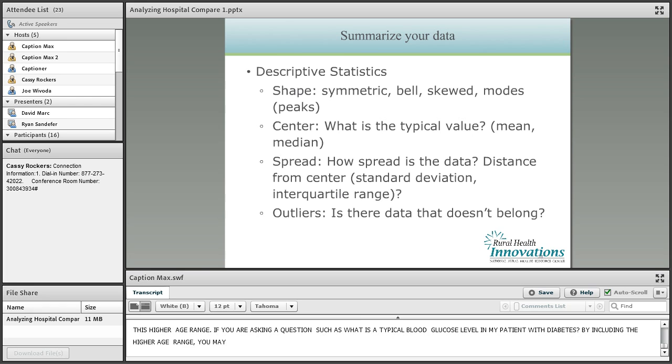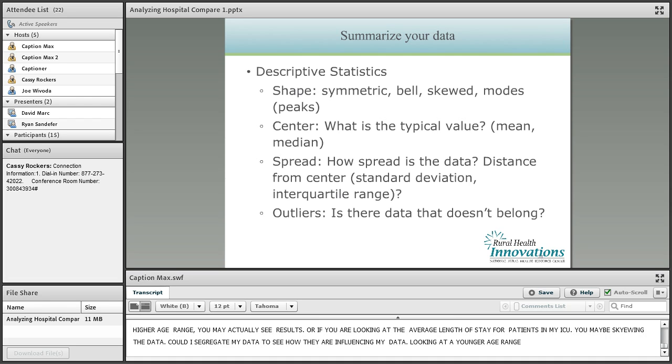So if you have positively skewed data where the data has a tail to the right of the distribution, if you were to calculate an average, the average may not be the best indicator of the center of your data, because these higher values could be skewing your average upward. Instead, a median might be a better depiction of the typical value.